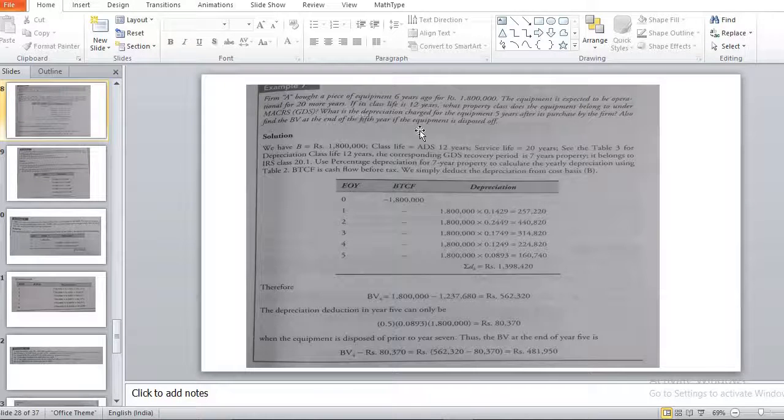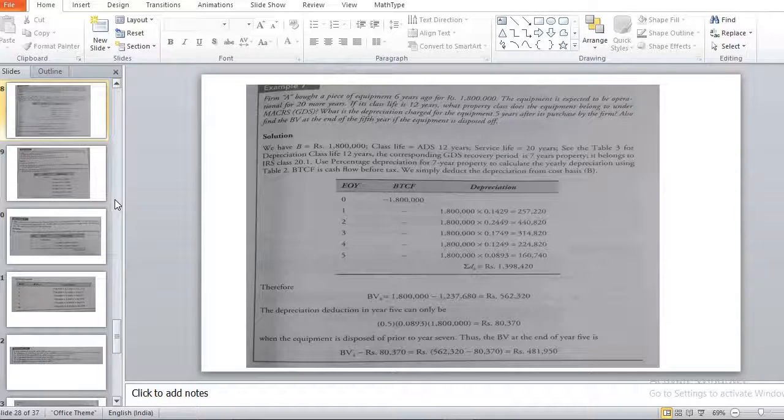And again, what is the depreciation charge for the equipment 5 years after its purchase by the firm, and the book value at the end of the 5th year if the equipment is disposed of? They ask to find the depreciation charge 5 years after its purchase. And if that equipment is disposed of at the end of this 5th year, then how much will be the book value?